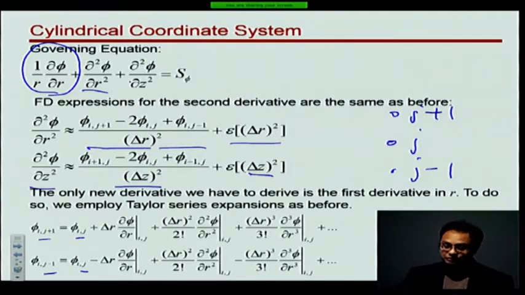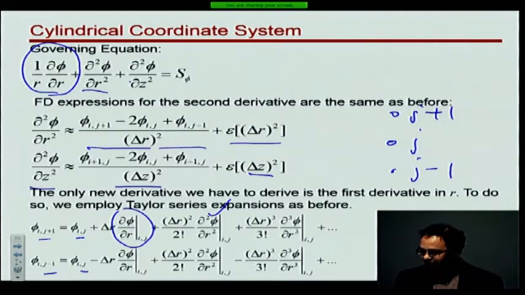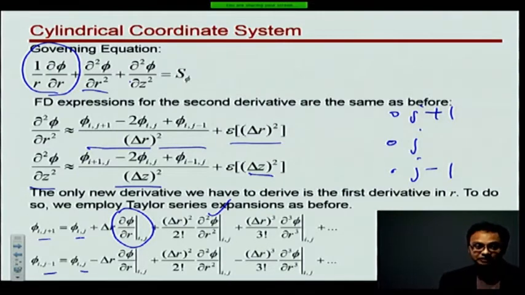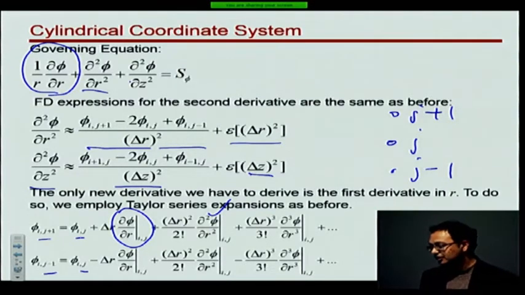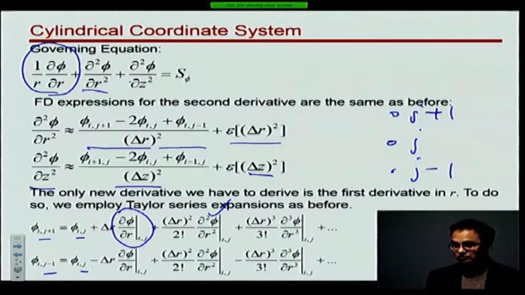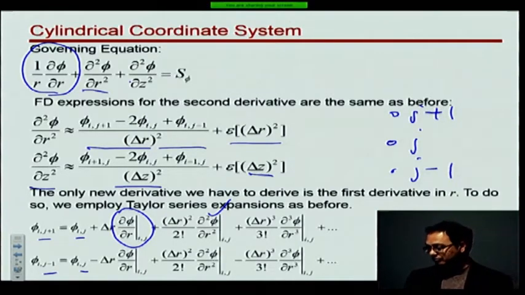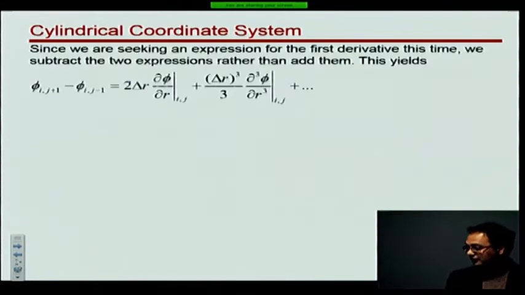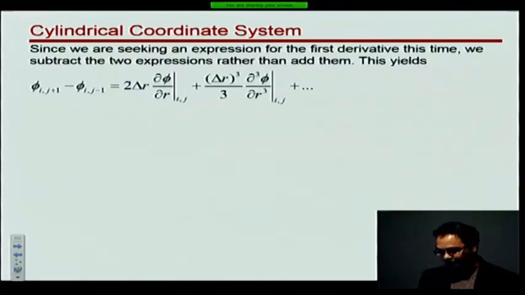Our objective is to derive an expression for the first derivative. So since that's our objective, we are going to manipulate the equations differently. Instead of adding them, we are going to subtract them, because if we add them, the first derivative will cancel out. We're going to subtract this one from that one, and that gives us this. And you notice here that, of course, if we subtract, the second derivative will be gone.